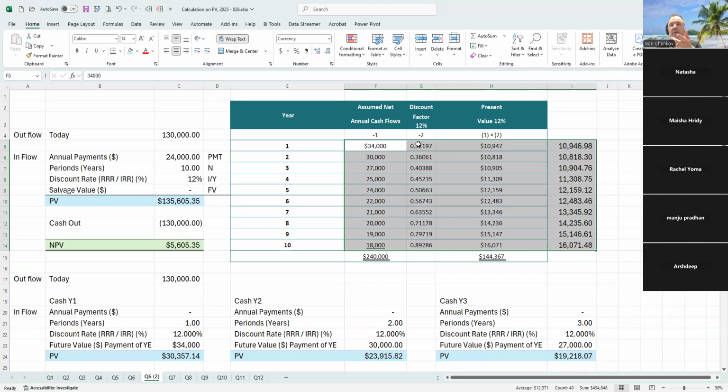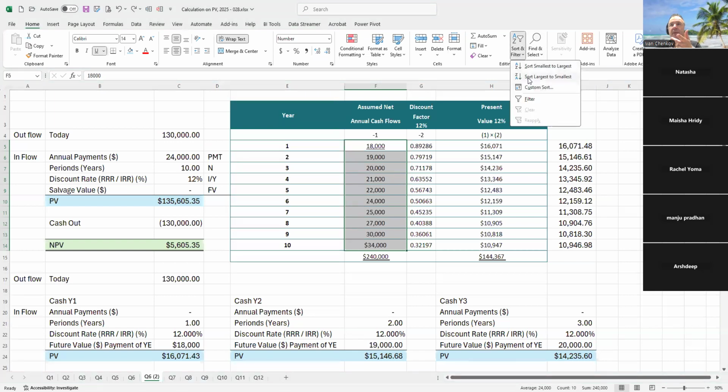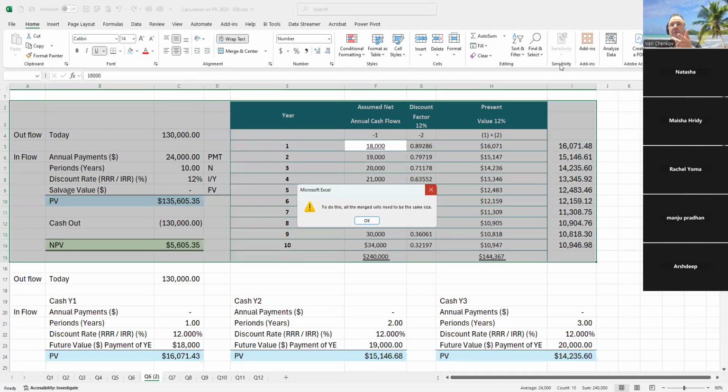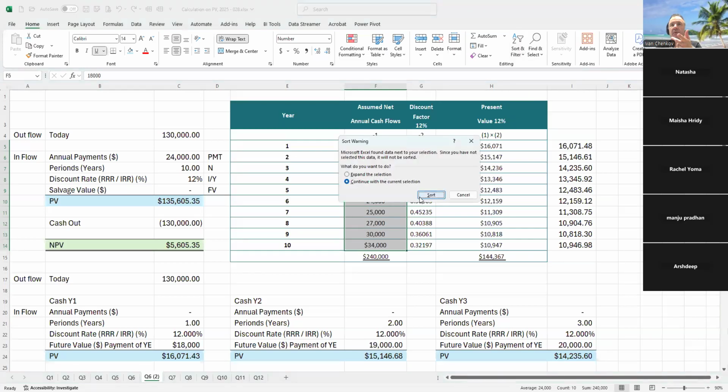The only thing is, now when I flip it to largest to smallest, what I have to do is I'm gonna get this one. And what I'm gonna do is largest to smallest only this one. No, I don't want to do that. Largest to smallest, I'm gonna stay with the current.